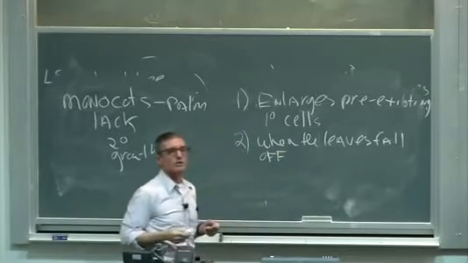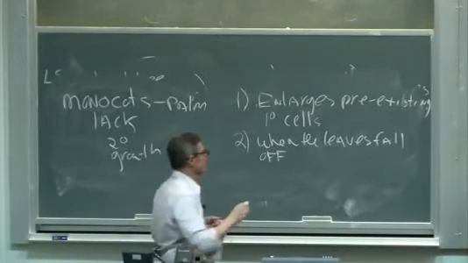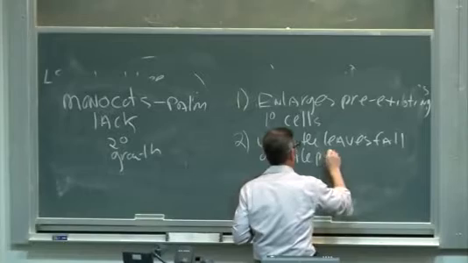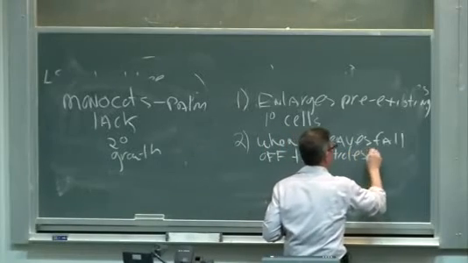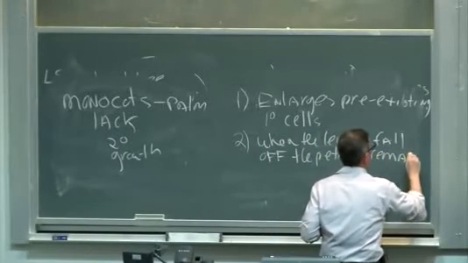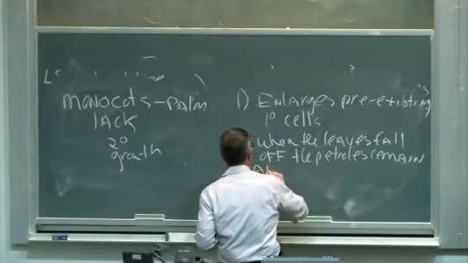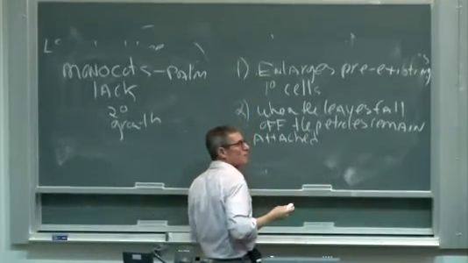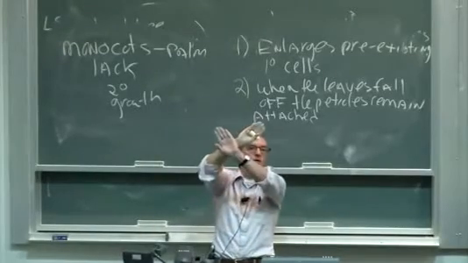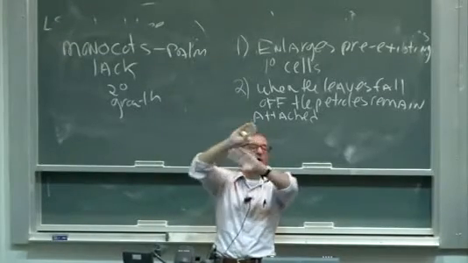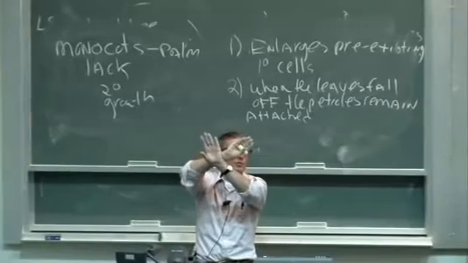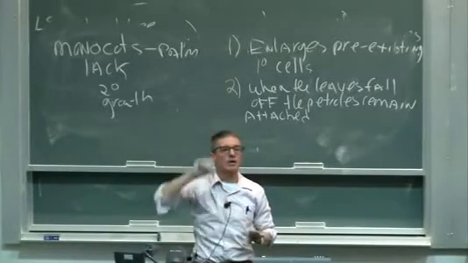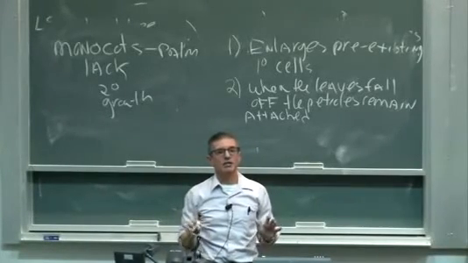the petioles remain attached to the tree. And many of you have seen this, the beautiful patterns on palm trees where we have various crosses and various different sorts of patterns. That's a result of the petioles staying attached to the tree.